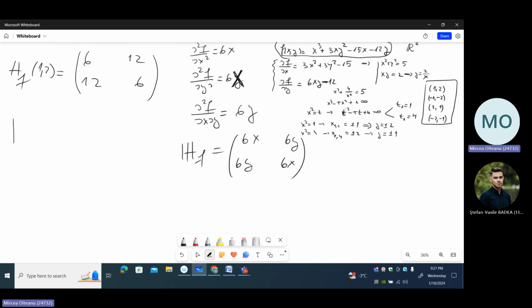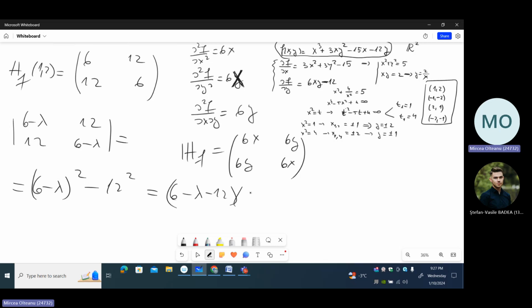The eigenvalues are given by the equation 6 minus lambda squared minus 12 squared, which is the characteristic polynomial, which means 6 minus lambda minus 12 times 6 minus lambda plus 12, which means minus lambda minus 6 times minus lambda plus 18.